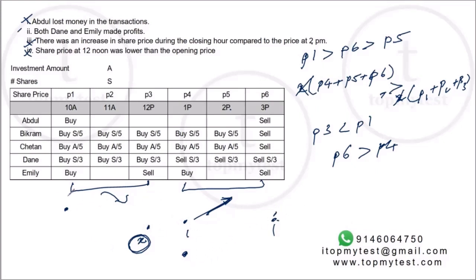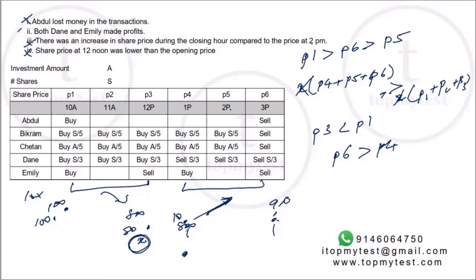Let's take a simple example. Suppose the opening price was 100. This price became 80. If this is 90, suppose you bought 10 shares here, 1000 rupees. Then you'll be selling 10 shares and getting 800 rupees only. If it was 900 again, you're only going to get 10 shares, and you make a loss.